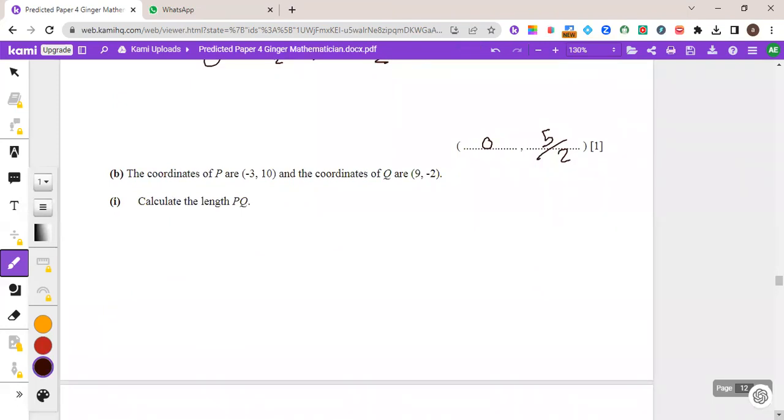Part B, the coordinates of P are minus 3 and 10, and the coordinates of Q are 9 and minus 2. Calculate the length PQ. Okay, so use the formula to find the length.